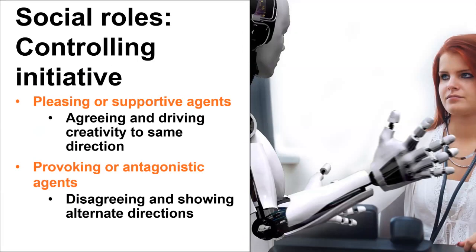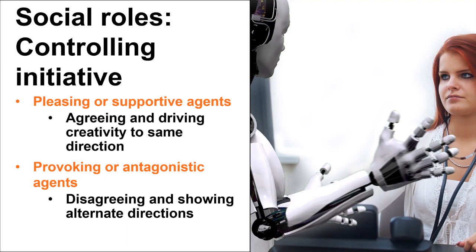And finally, when we move on to the social roles, we found that there are these hypothetical roles so far, because we didn't see any specific implementations of these yet, that include some sort of control over the initiative in the co-creative scene.